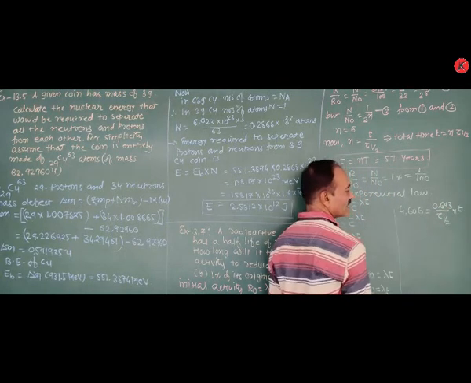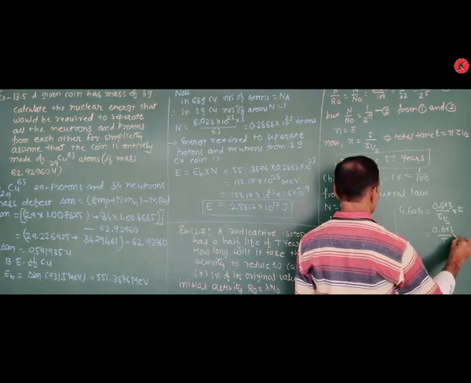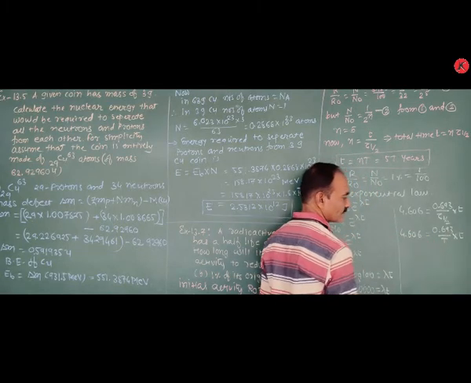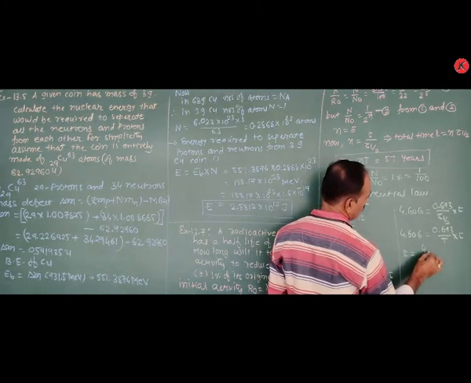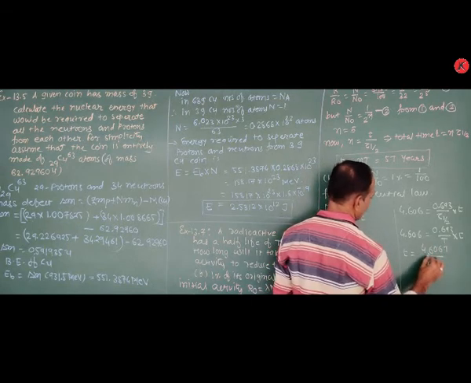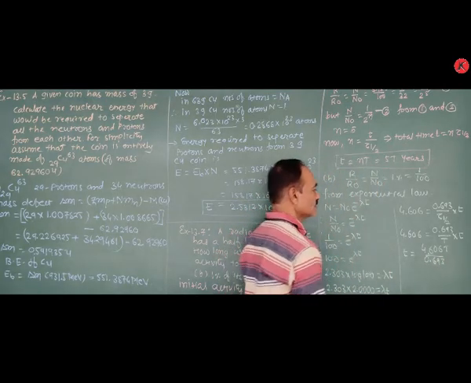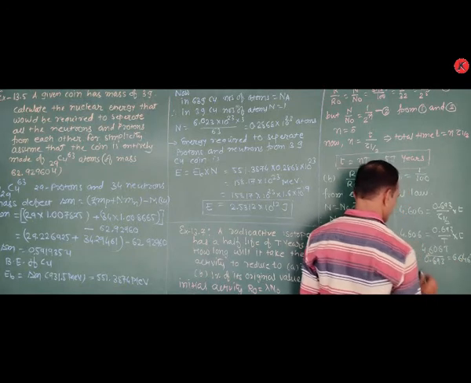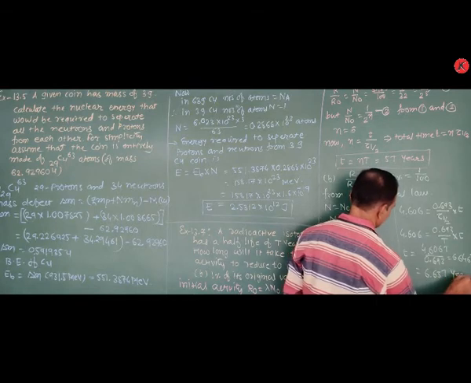Tau half is given as capital T. Therefore, 0.693 upon capital T into small t is equal to 4.606. Therefore, small t is equal to 4.606 T upon 0.693. Right? Therefore, 6.646 T, it means 6.65 T years.